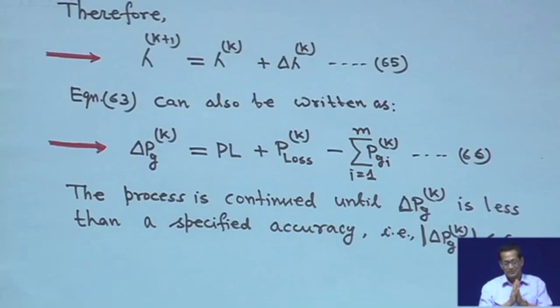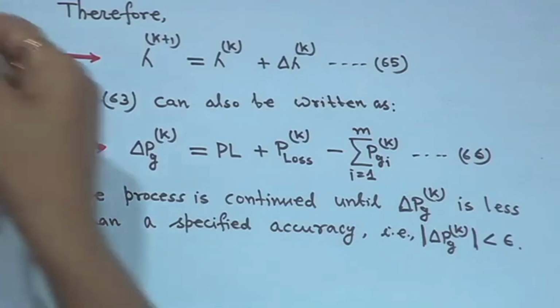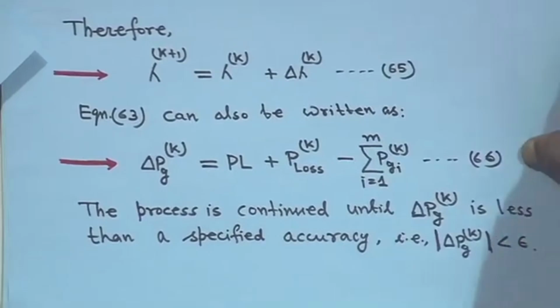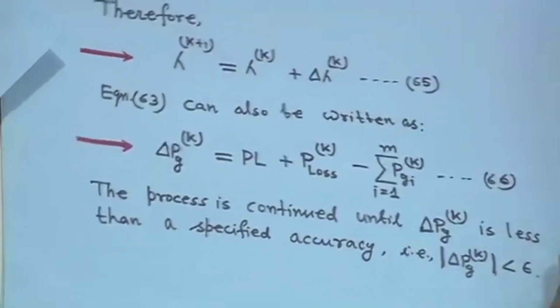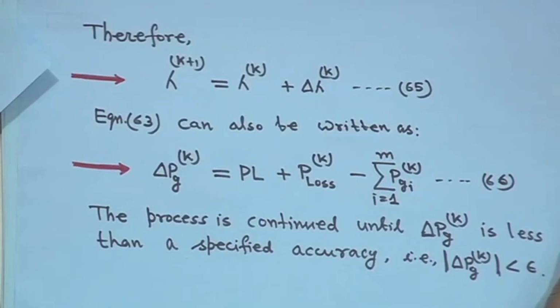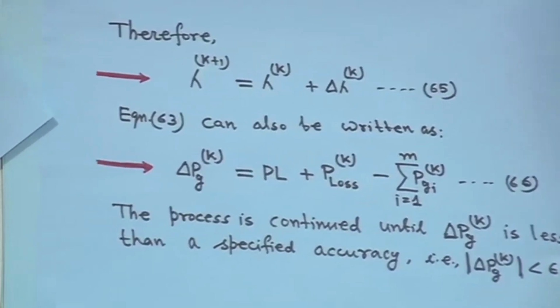There should not be any confusion. I repeat that f(λ), the function of λ, is equal to PL when loss is not there, and with loss it is load plus loss. Both cases f(λ) is a function of the sum of the total generation.